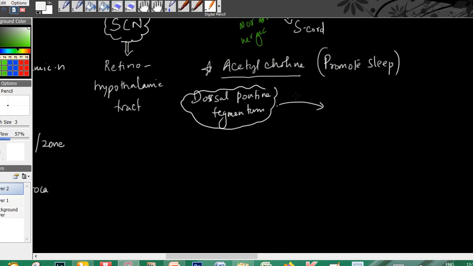Less acetylcholine means less sleep. So that is about acetylcholine.